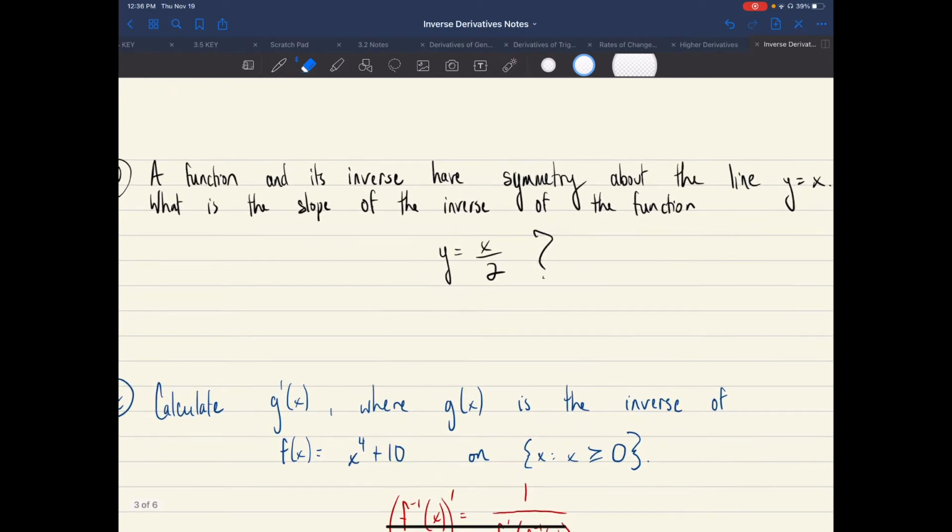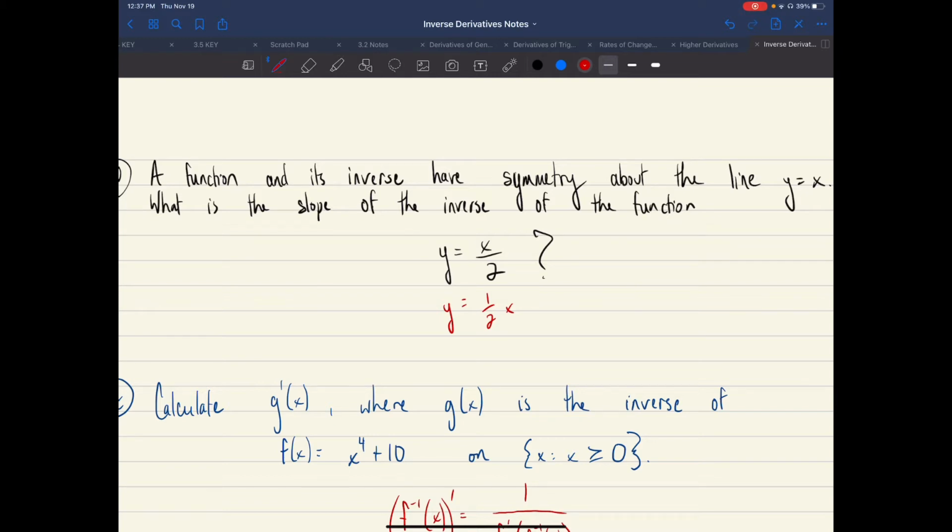A function and its inverse have symmetry about the line y equals x. What is the slope of the inverse of the function? Well, this is a linear function, so I'm not going to make this question too complicated. If I rewrite that as y equals 1/2 x, what's the slope? The slope of that is 1/2.